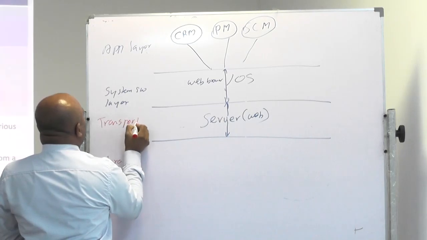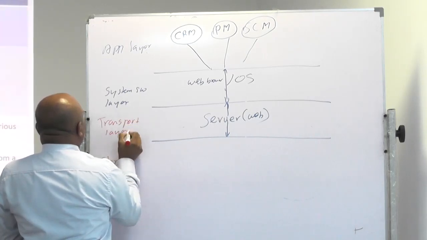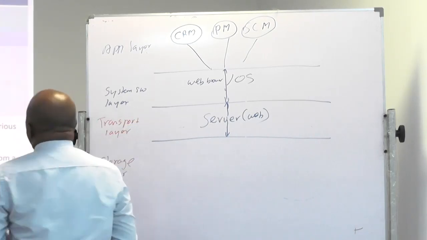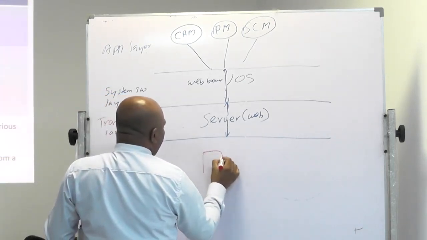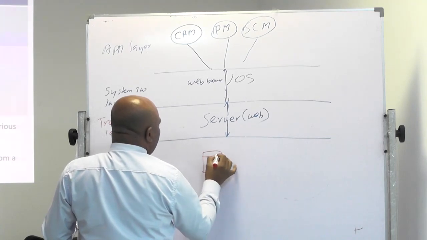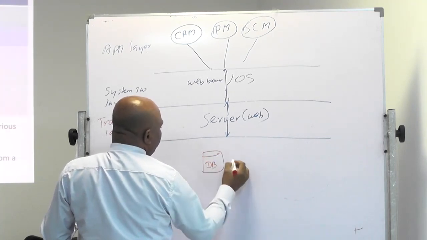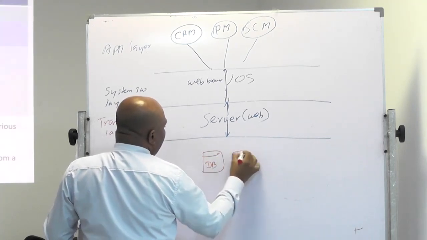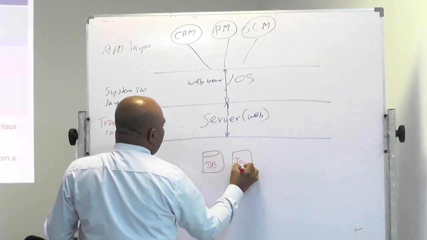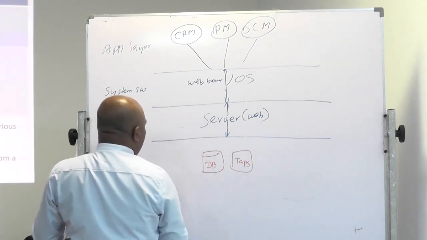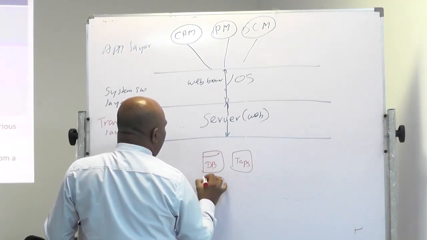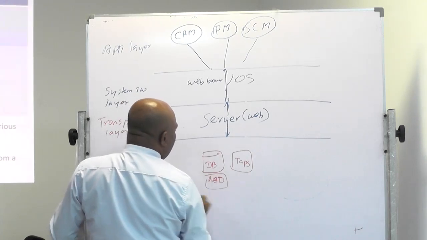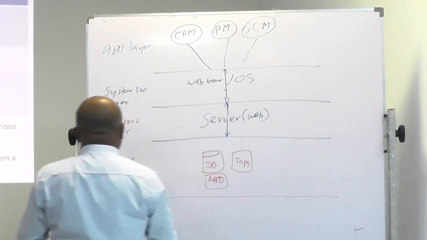Transport layer. In the storage one, using the backup, the storage will be in this kind of database: magnetic tapes and many network drives. Then this is the storage.